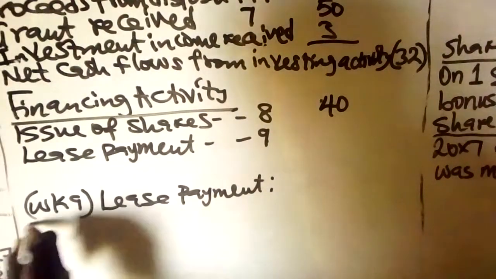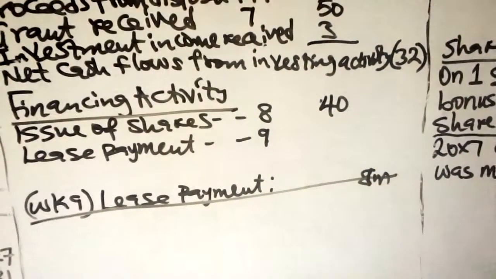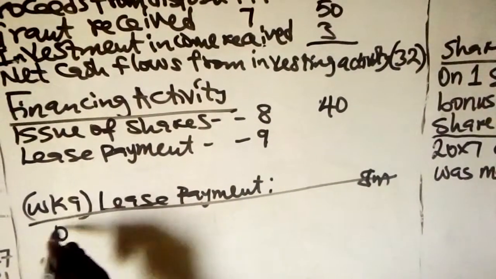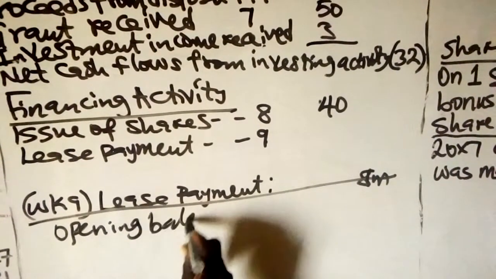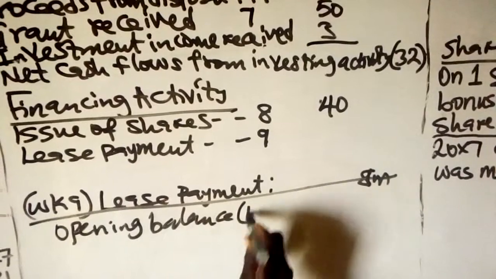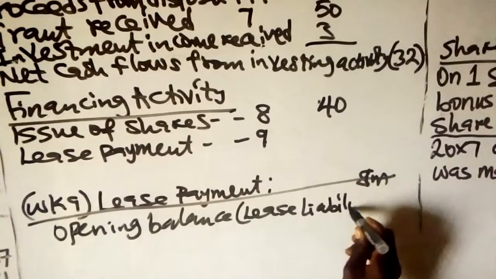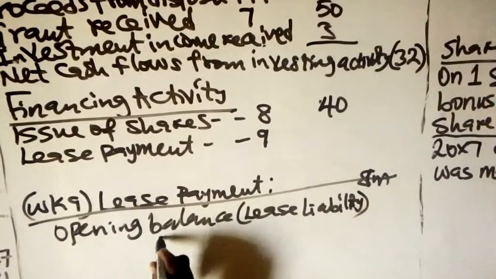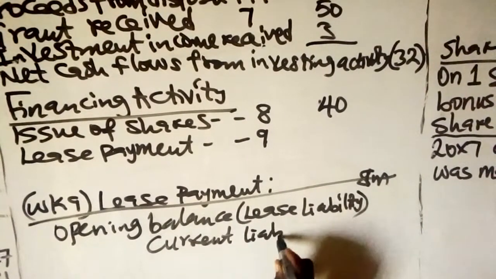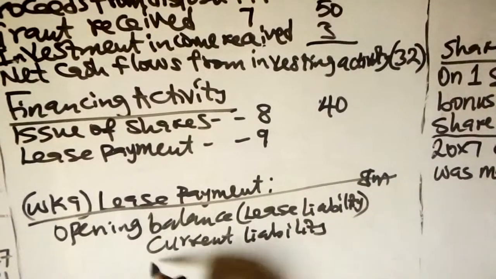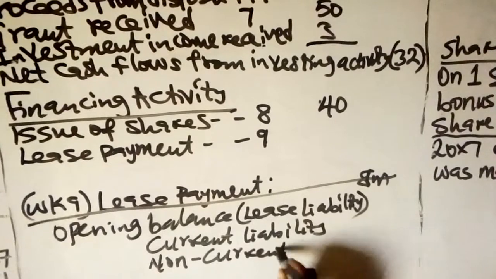You start with the opening balance as usual, the opening balance of lease liability. This opening balance is in two places: the one under current liability and the one under non-current liability.